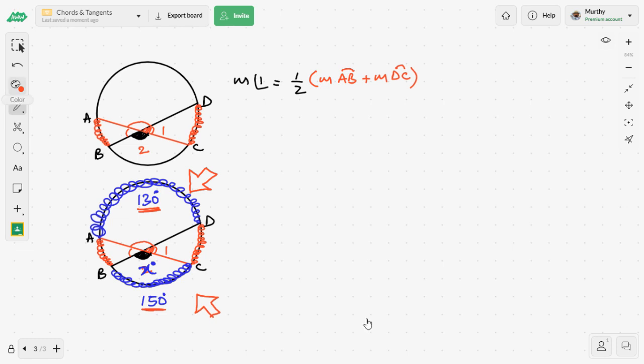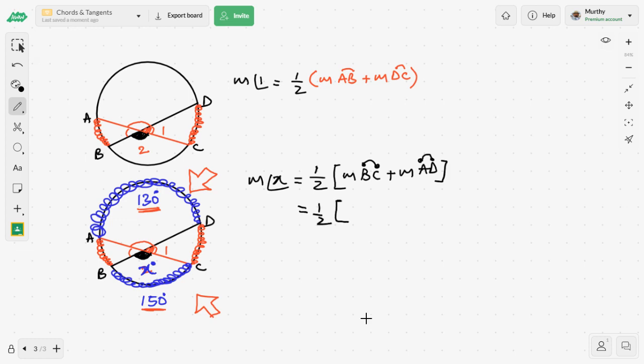Therefore, here measure of angle x equals half the measure of, you have to sum up both these arcs, that is measure of arc BC and measure of arc AD.